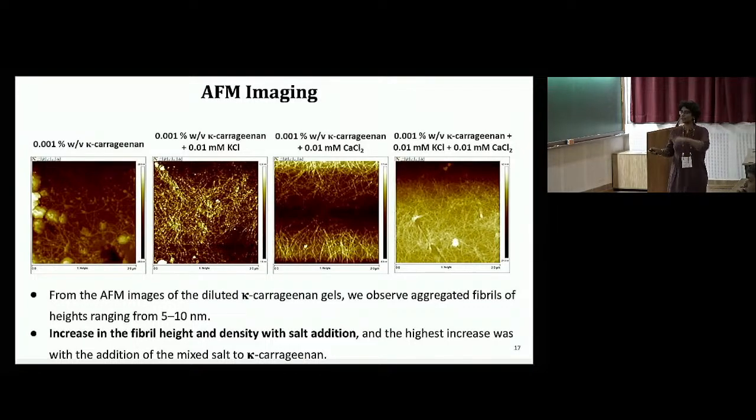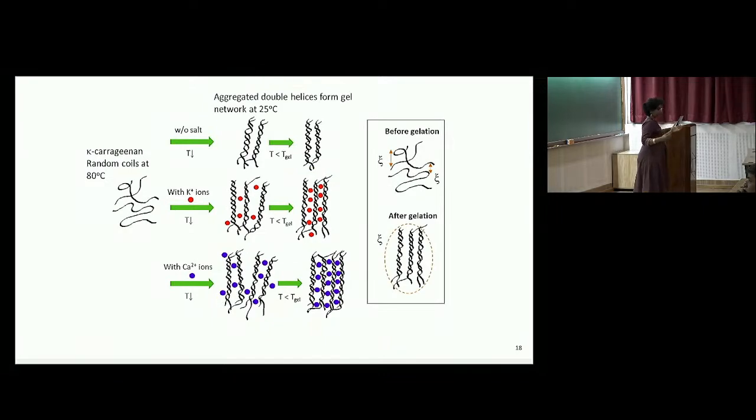We haven't quantified the height of the fibrils to say how much is the aggregate size, simply because our images are not of great quality, but one can do that.